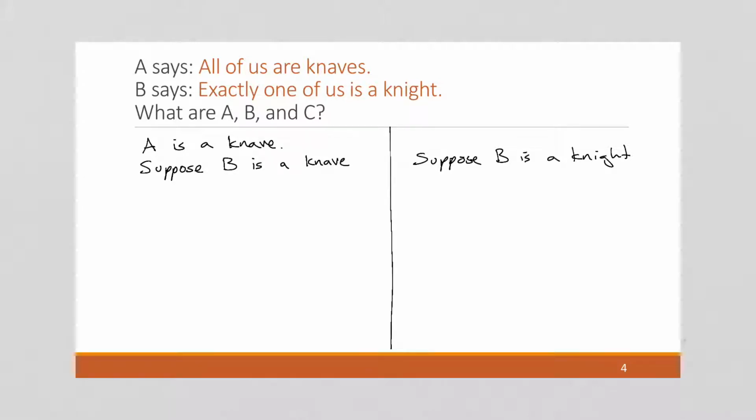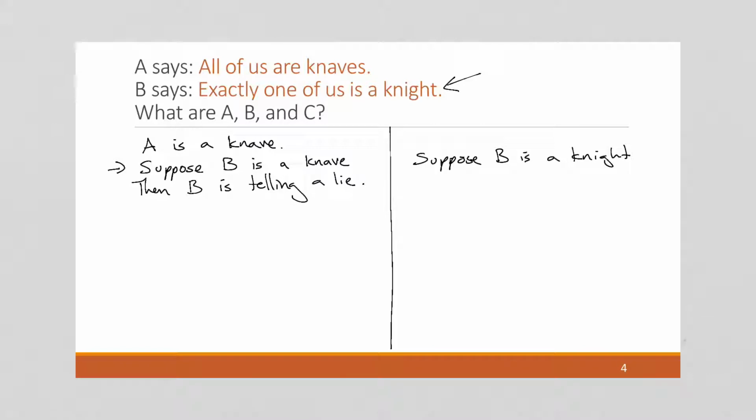Well, if we suppose he's a knave, then what does that mean? It means that he must be lying. So we're on this side over here now. If he's a knave, then B is telling a lie. Remember, every statement is either true or false. So if this statement isn't true, it must be false. What does it mean for it to be false? Well, he's saying exactly one of us is a knight.